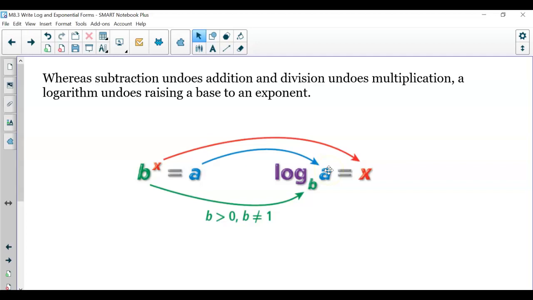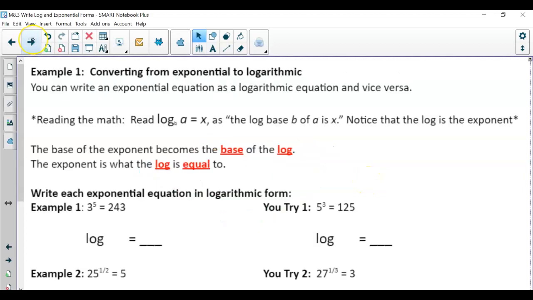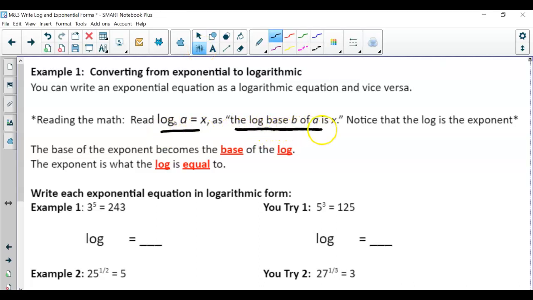And the inverse would be log base b of a is equal to x. So that's how you're going to read that. We're going to read this as the log base b of a is x. So that is the inverse of our exponential functions here. So again, keep all that in mind.